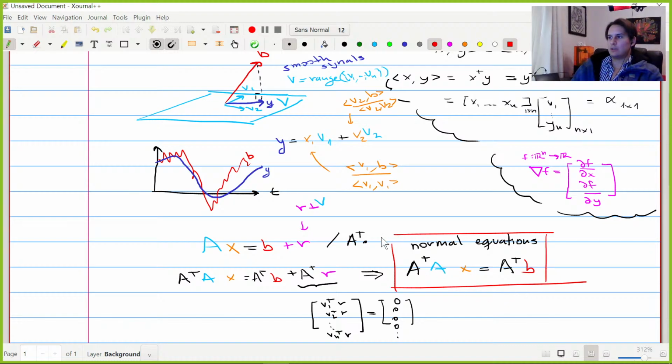So the normal equations help us to solve the least squares problem by basically deleting the contribution of the residual, that is this vector here, that is perpendicular to the space.